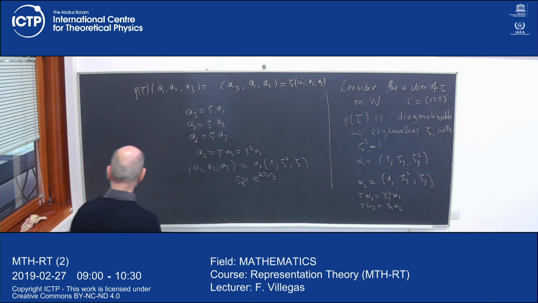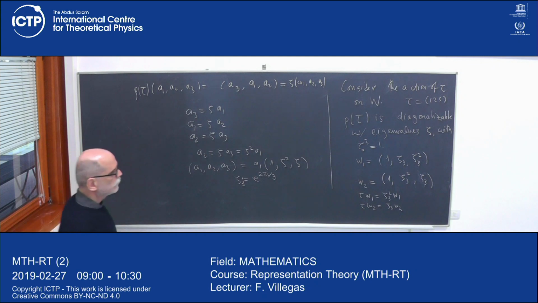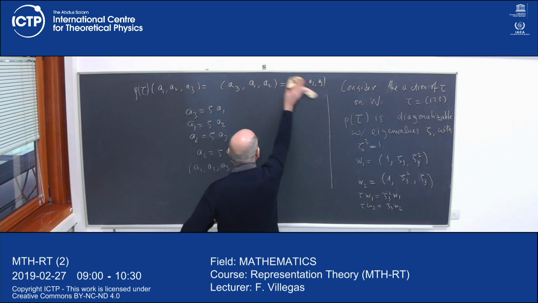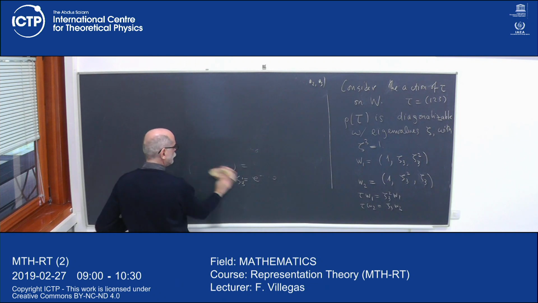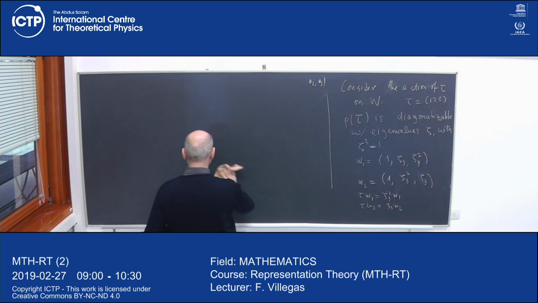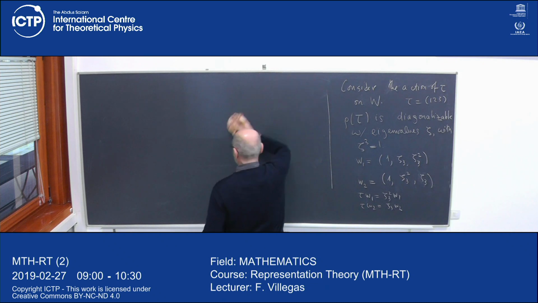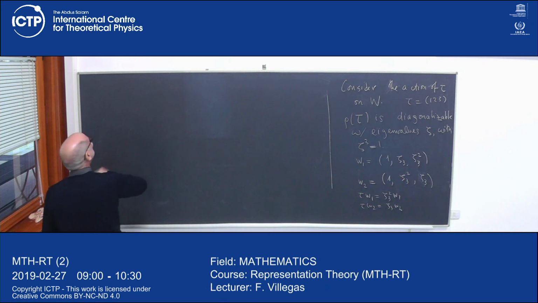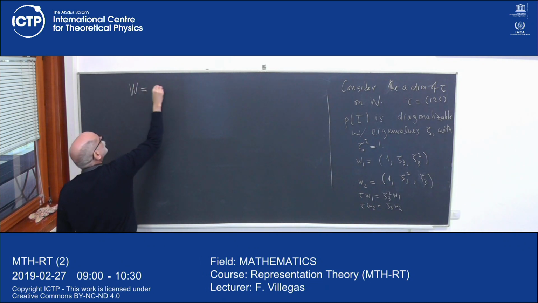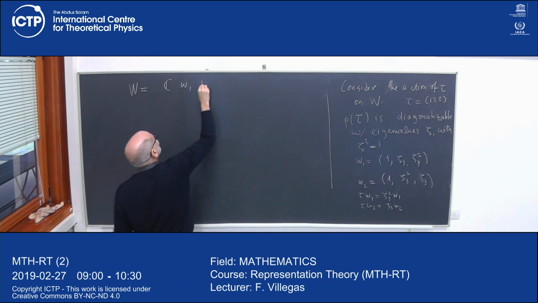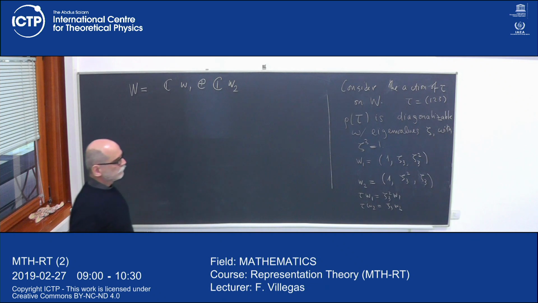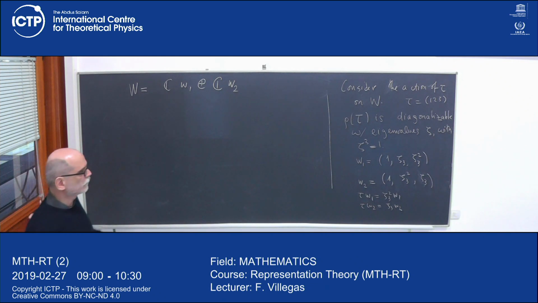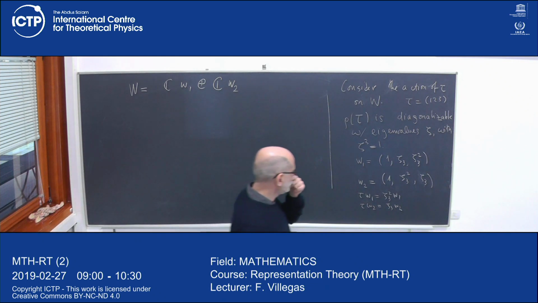So if we just have tau by itself, the space W is a sum of two lines. They generate the whole space W. So W is C times W1, direct sum C times W2. Yes, these two vectors are in fact independent.